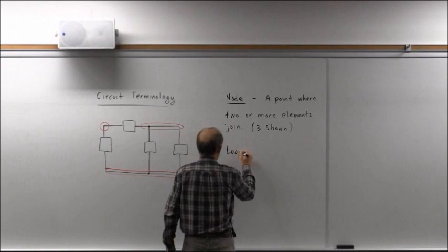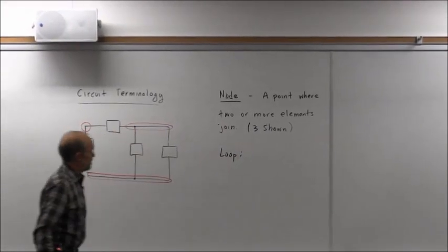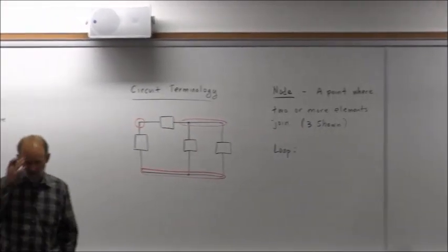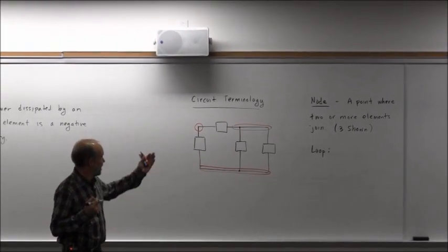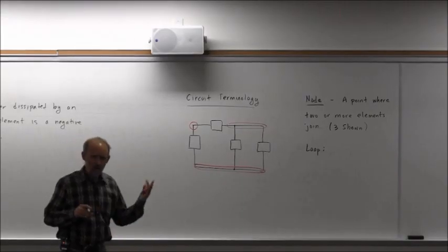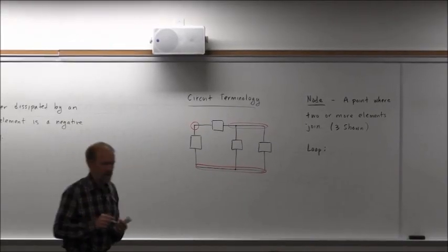let's discuss a loop. So imagine from Physics 2, most of you have a little more experience with the concept of a loop than maybe you do with a node. So a loop is simply any closed path in the circuit.